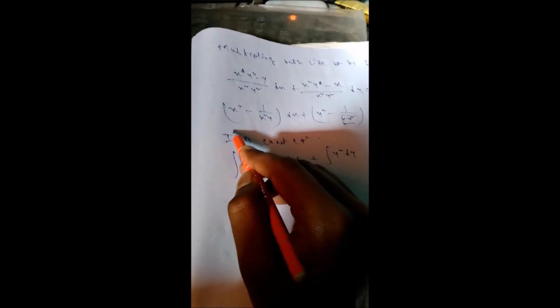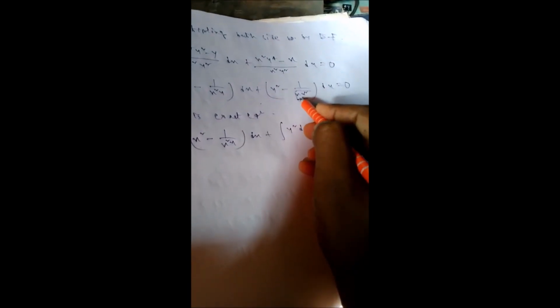By simplifying this, (x² − 1/(x²y)) dx + (y² − 1/(xy²)) dy = 0.